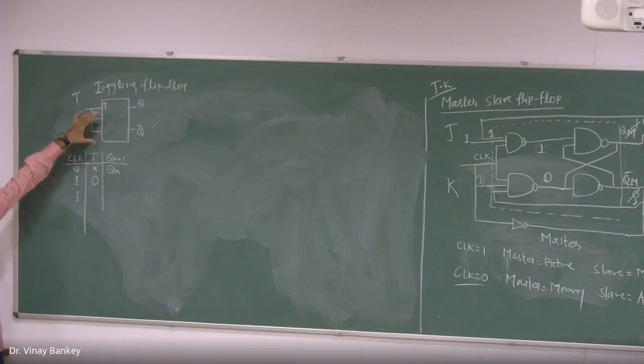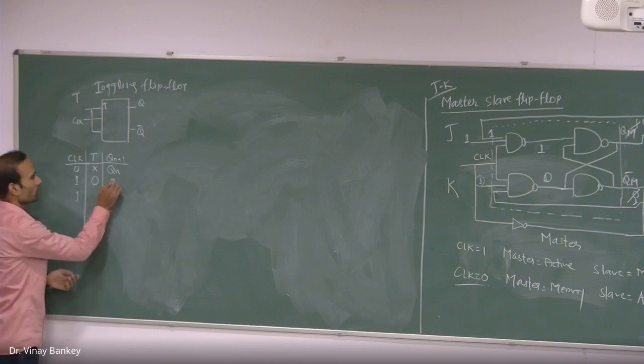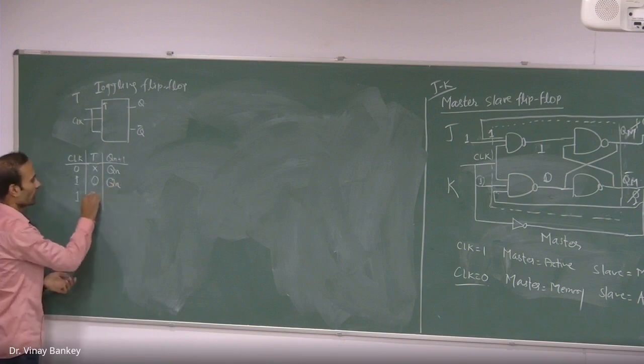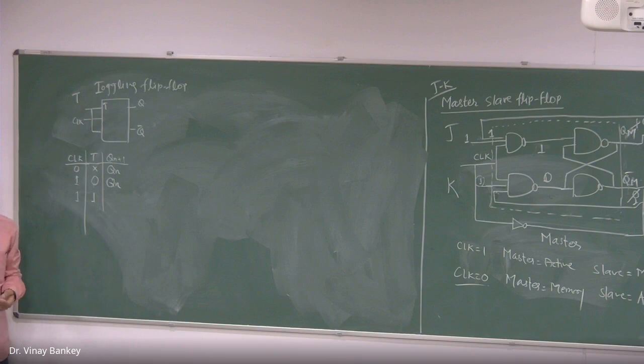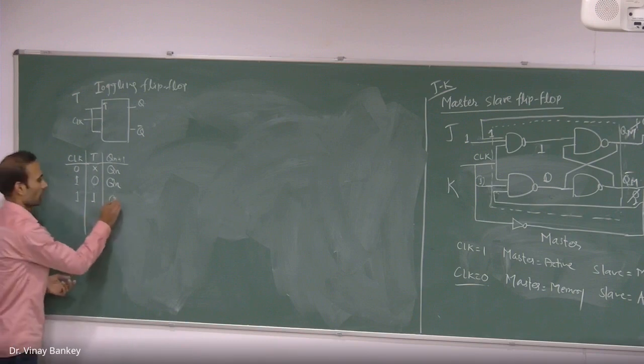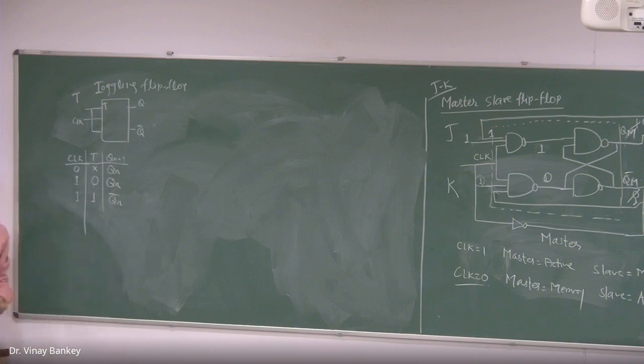Not reset. It will be in memory state, because both of the JK inputs are connected to each other. Means you are applying 0, it will go 0, 0 in front of the JK flip-flop. So 0, 0 will what? Memory state. And for 1, toggle. Correct?